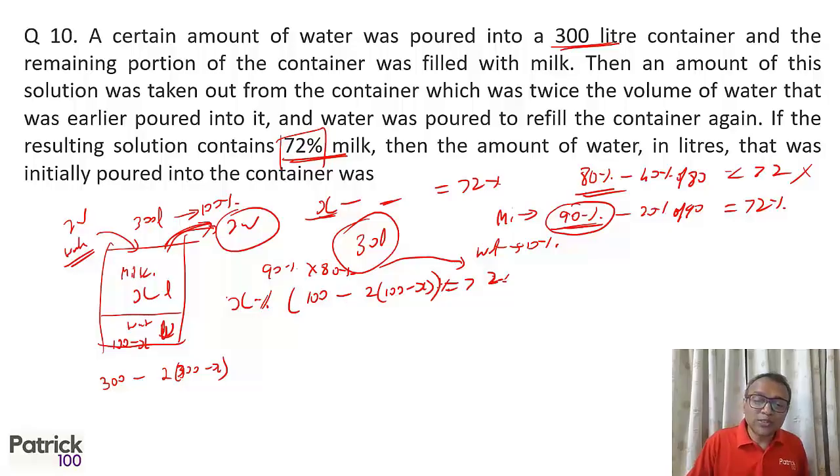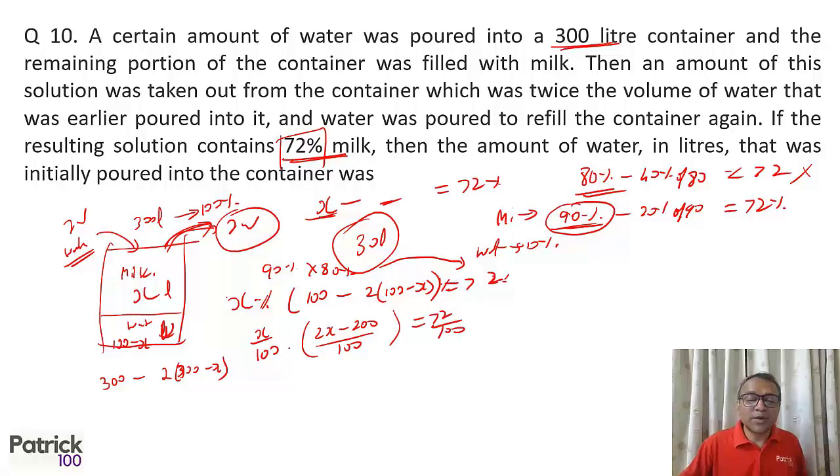You can also solve this by equation. Divide by 2, so X% is X upon 100, times 100 minus, if I expand this, 100 minus 200 plus 2x, so 2x minus 200 upon 100 is equal to 72 upon 100%. 100 gets cancelled, take the 100 to that side and divide by 2, you will get x square minus 100x is equal to 3600, so minus 50x because you're dividing by 2.